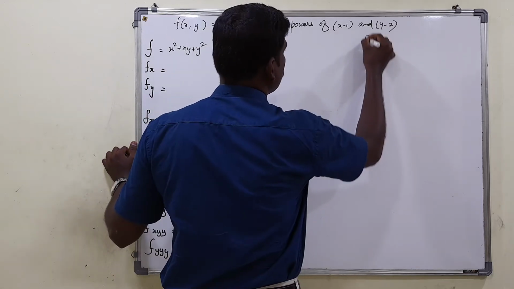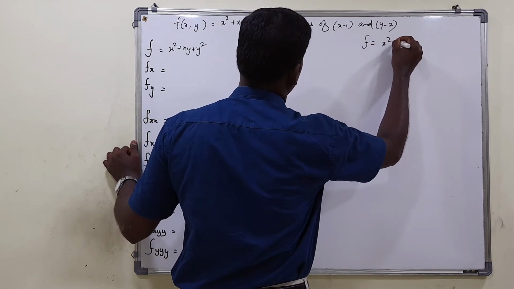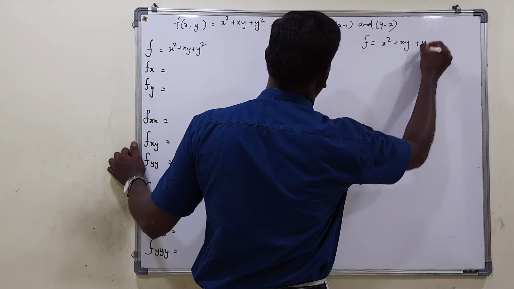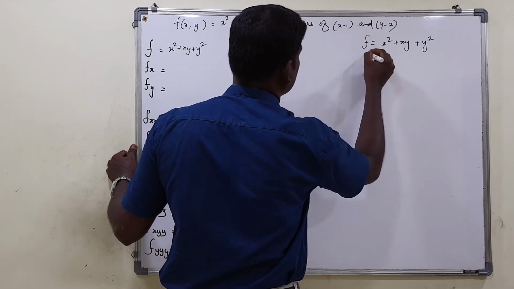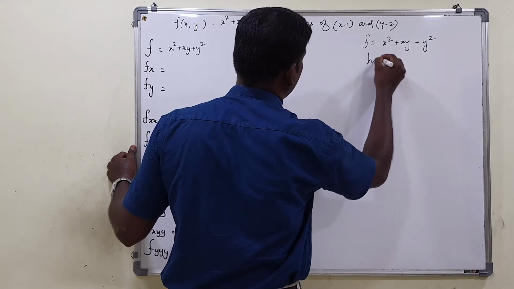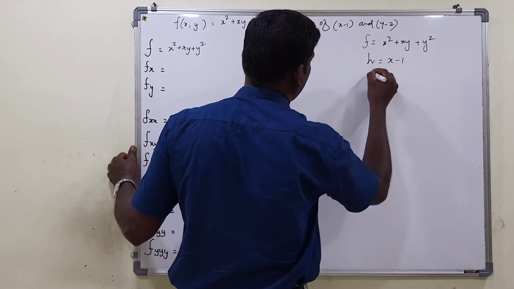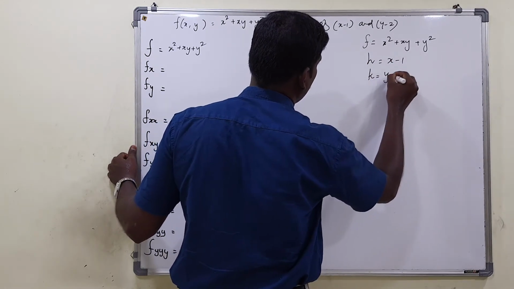Let us take h is equal to x minus 1 and k is equal to y minus 2.